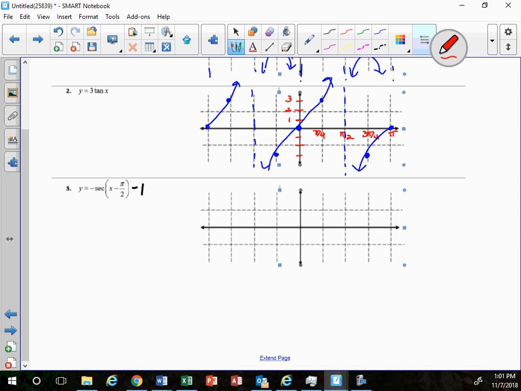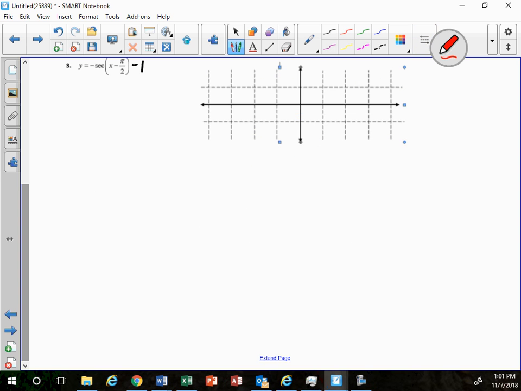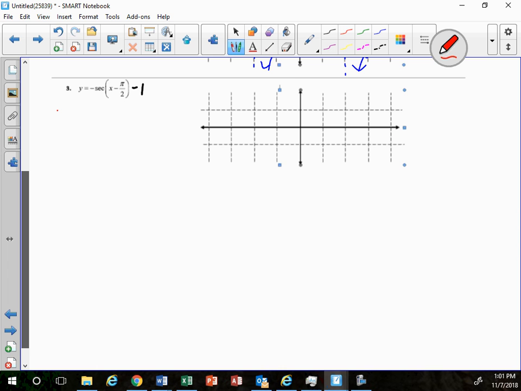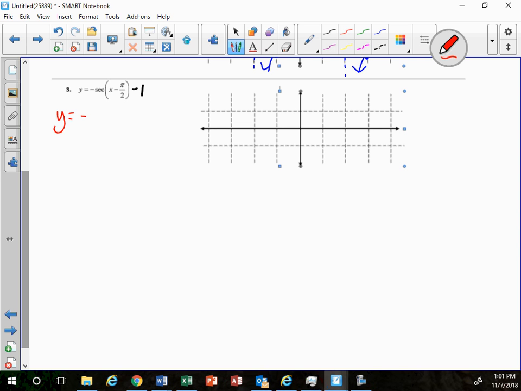All right, I'm going to graph this first as if it is cosine. So I'm really thinking about negative cosine of x minus pi over 2 minus 1. Has there been a period change in this one? Nope.